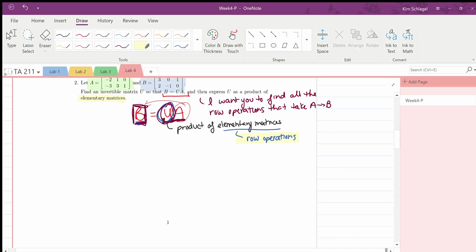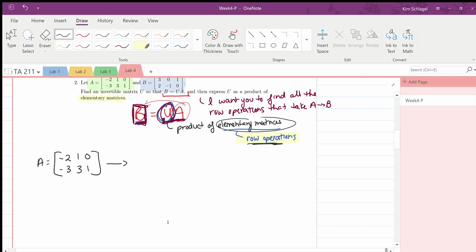So because of that, same as last question when we took A to the identity, we're going to do the same type of thing here. Because we want to find the row operations, aka the elementary matrices, that take us to B, we're going to find what these row operations are.